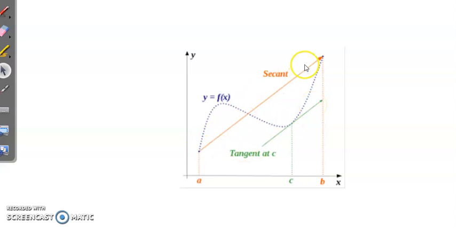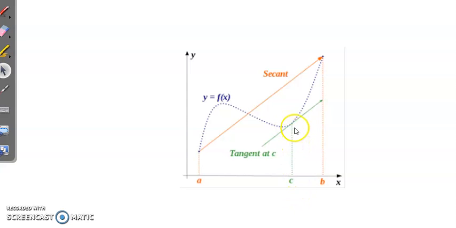So between a and b there will be at least one c such that f dash of c is the slope of the tangent, and the mean value theorem says that the tangent line and secant line are parallel. So if both are parallel, the slopes must be equal.